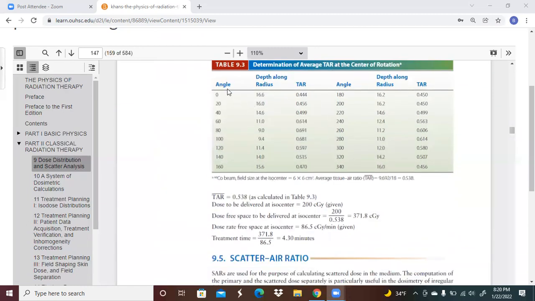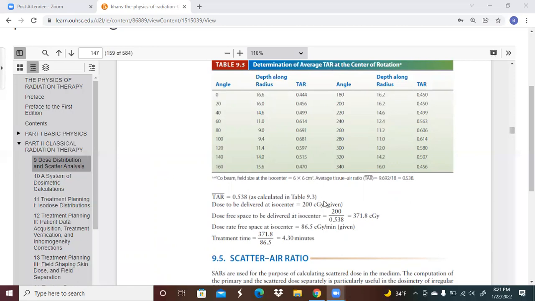If we take all of these particular angles as they're measured, find out what the TARs are, and average them, adding all of those together and dividing by the number that's in there, it comes up with 0.538. Again, the field size is going to be a 6x6.